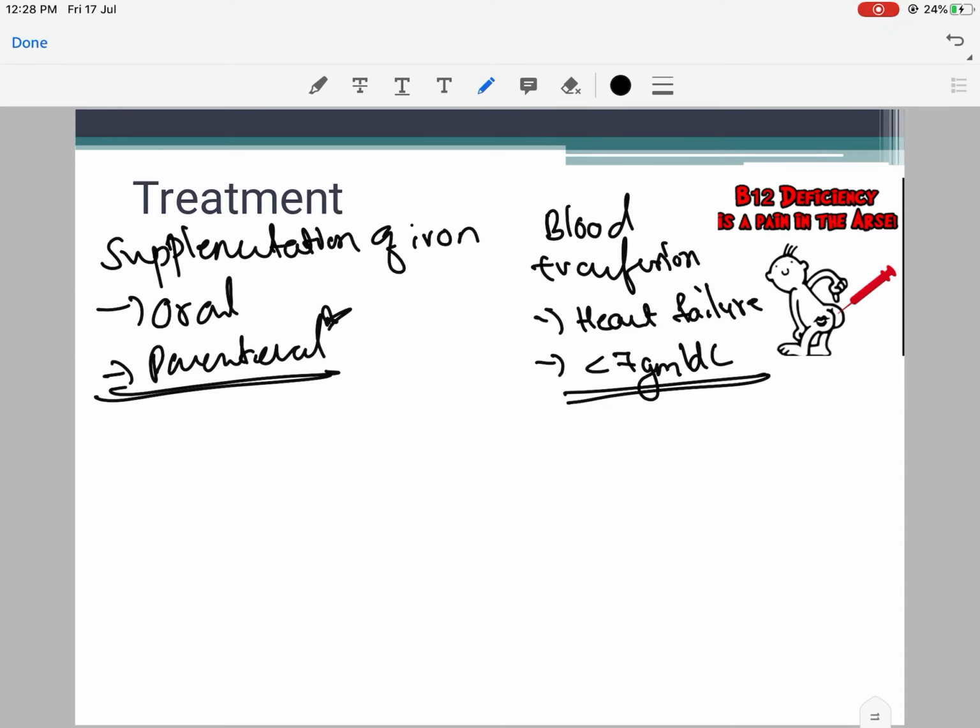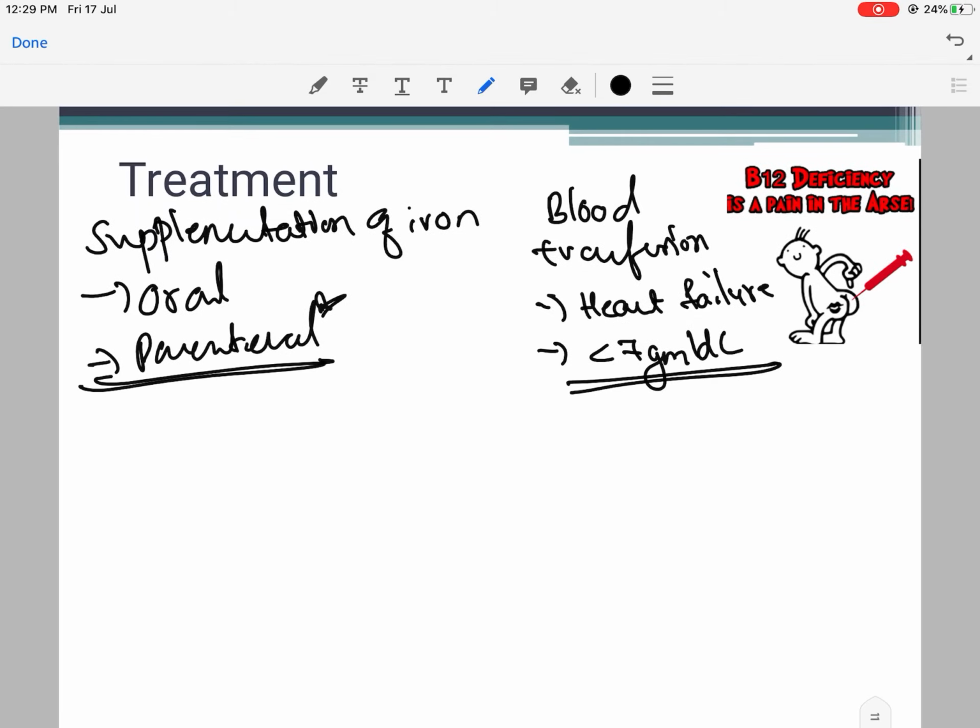Or if a patient is in heart failure with fluid overload and you cannot transfuse more blood acutely, then with a diuretic you can transfuse the blood, or you can give a parenteral dose of iron, but the response to parenteral iron is slow, requiring about 4 to 6 weeks.